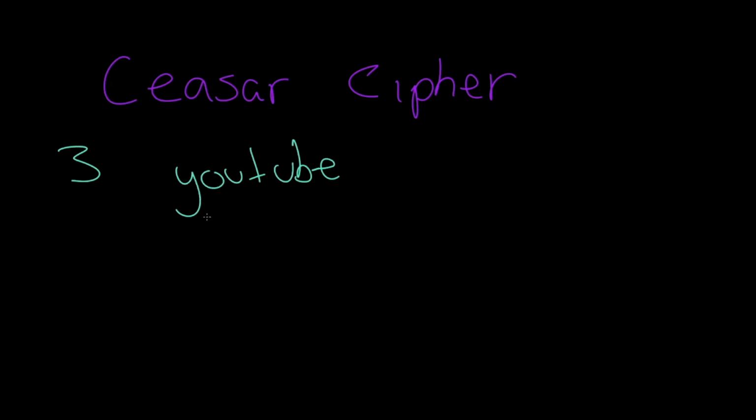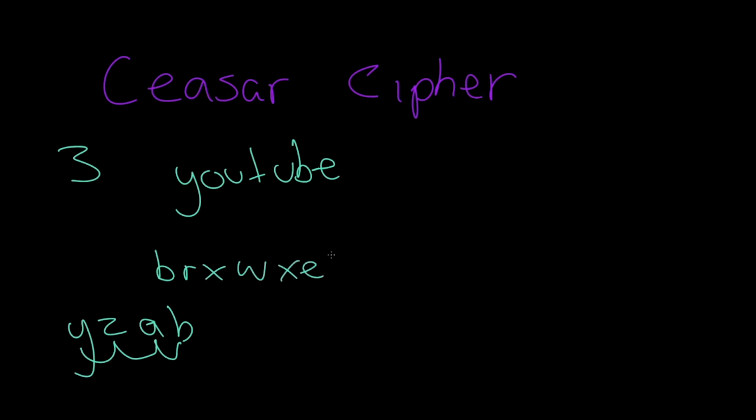So Y actually becomes B. So it works by Y, Z, A, B. So it shifts 1, 2, and 3. So Y becomes B. So this actually turns out to be BRXWXEH.